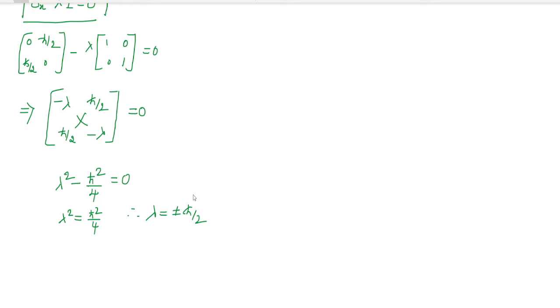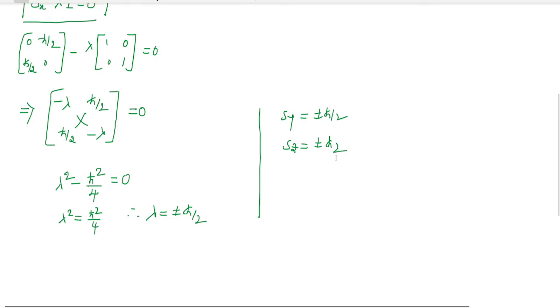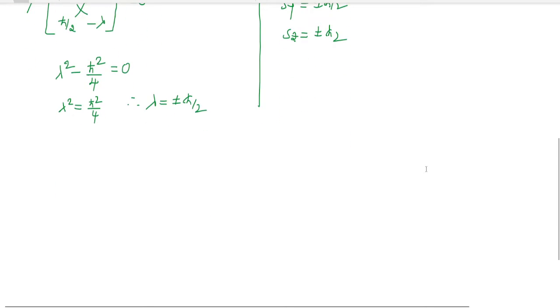So these are the eigenvalues of the Sx Pauli matrix. Similarly, you can try Sy equal to plus or minus h cross divided by 2, Sz plus or minus h cross divided by 2. So these are the eigenvalues of these Pauli matrices.